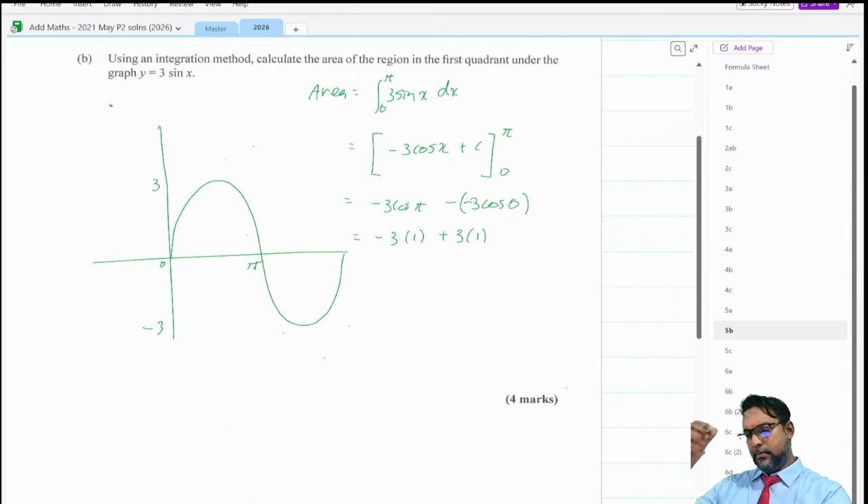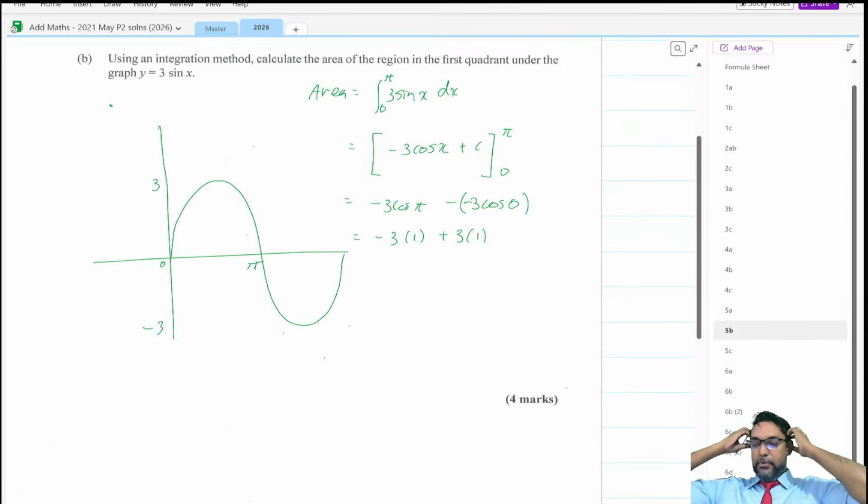Using an integration method, calculate the area of the region in the first quadrant under the graph. Okay, if we integrate 3 sine x, we get minus 3 cos x, yes? And then in the first quadrant, the graph of sine x cuts the axis at pi, which is 180 degrees.